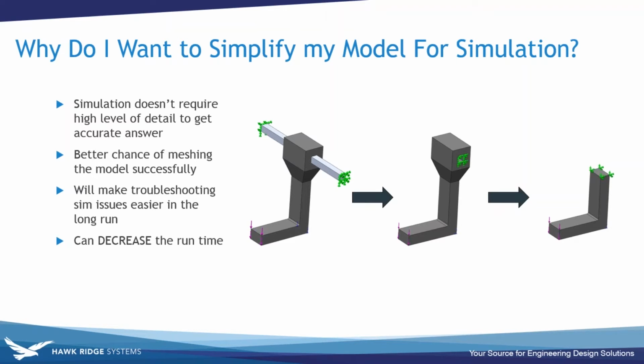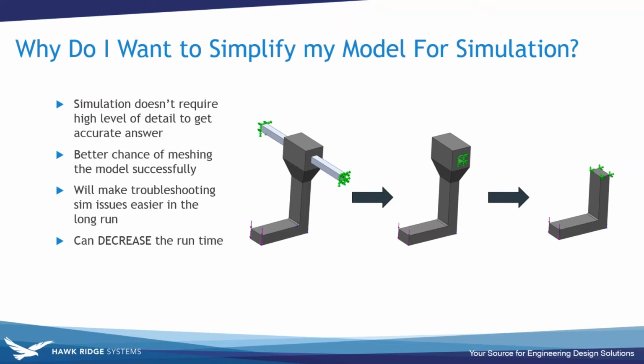If we have a simplified case, the mesh is going to be more simplified and therefore potentially affect the runtime in a positive way, pretty much decreasing the runtime. Okay, so these are some of the reasons why we would want to simplify a model.